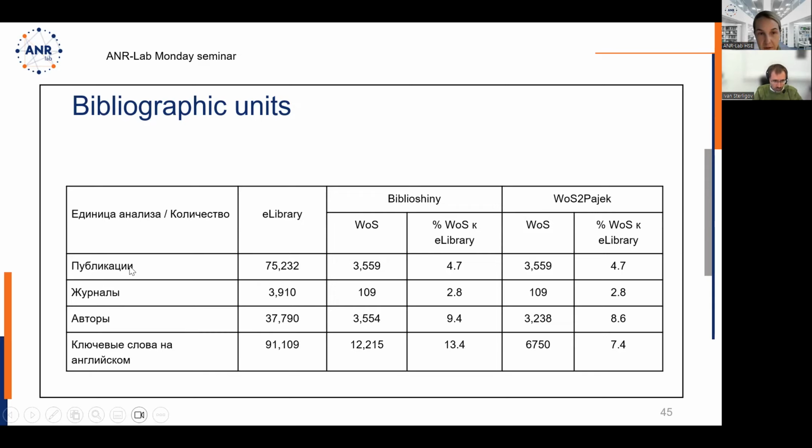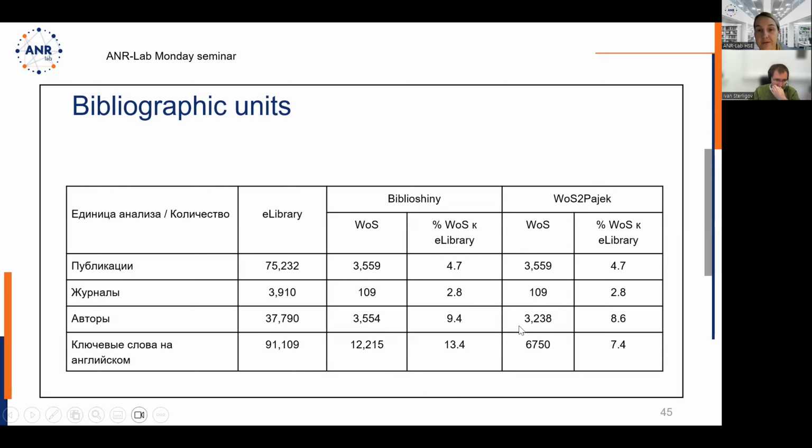So you see that we have the same amount of publications, 3,500, and the same number of journals, and a little bit different number of authors. So it may mean that WOS to pipe actually reduced the number of authors a little bit, probably because of these short names, which I explained to you before. So probably this allowed us to match two authors which were not matched by BibliaShiny.